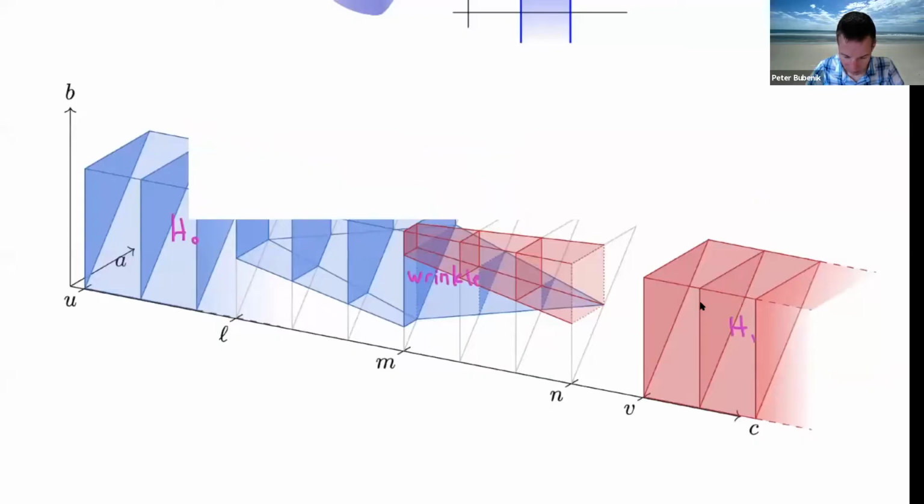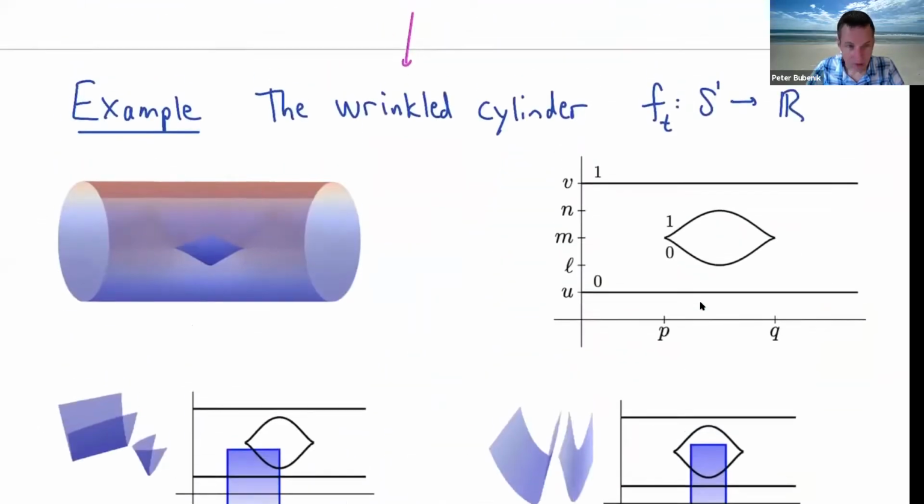I'm sure that it was maybe a lot to take in briefly. All right, so we have this wrinkled cylinder, and I'm thinking of this as a 1-parameter family of functions on the circle. On both ends, we just have the usual height function on the circle.